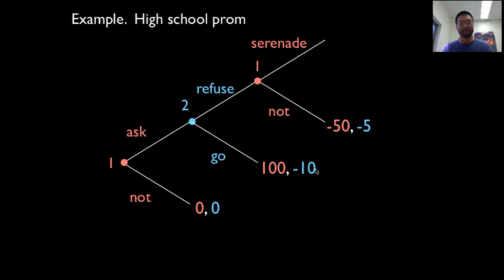And finally, if 1 serenades, it's just bad for everybody. It's just an embarrassing situation. This is our game. So the interesting question is, will 1's threat of serenading or not compel 2 to go or not? That's kind of an interesting question.